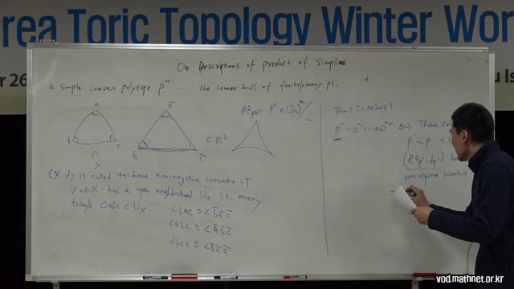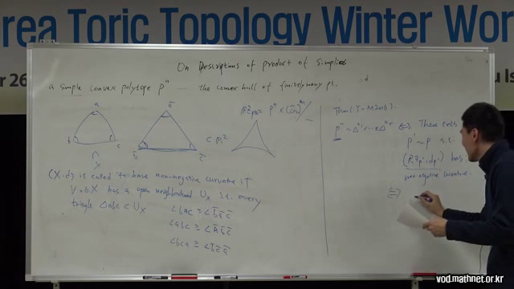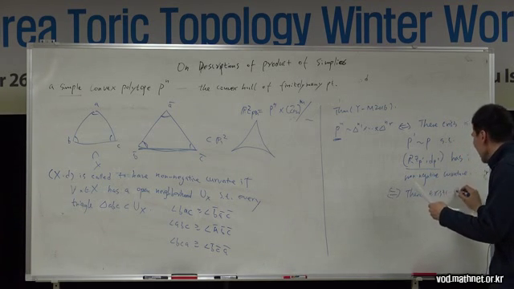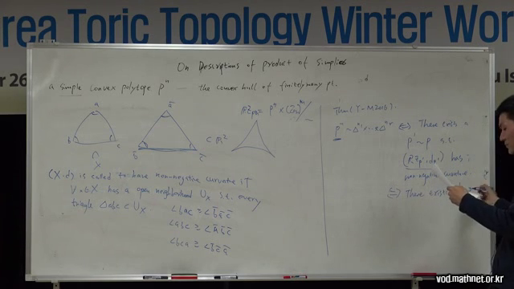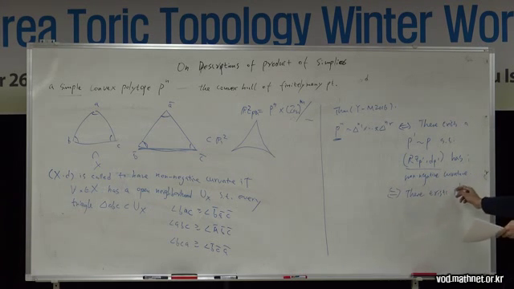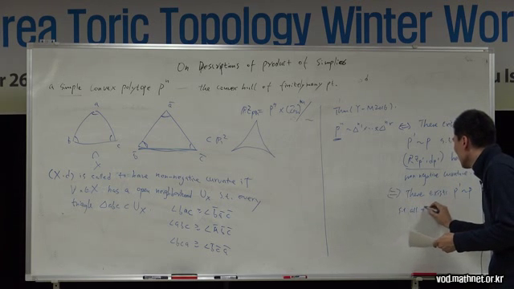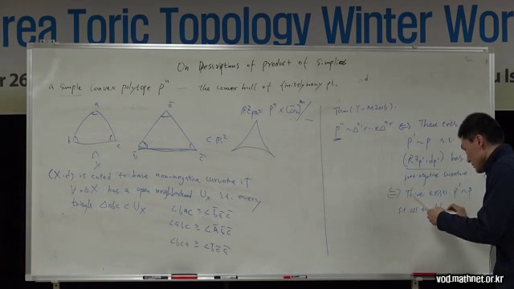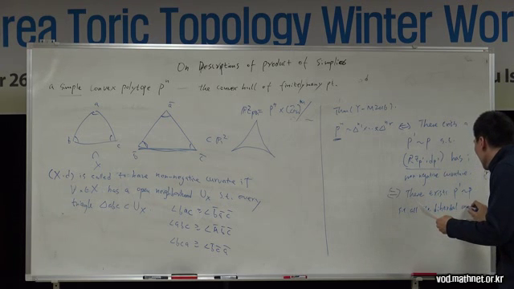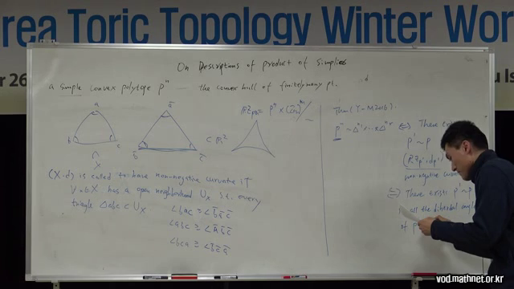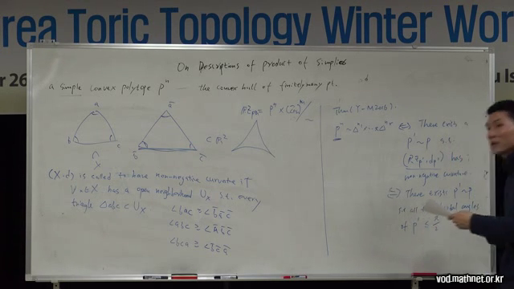Okay, and another one, which I think is more interesting and very geometric, says there exists a P prime equivalent to P, another simple convex polytope, so that all the dihedral angles of P prime are less than or equal to pi over 2.